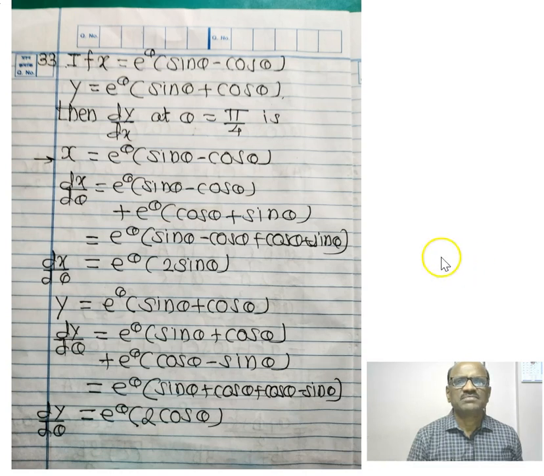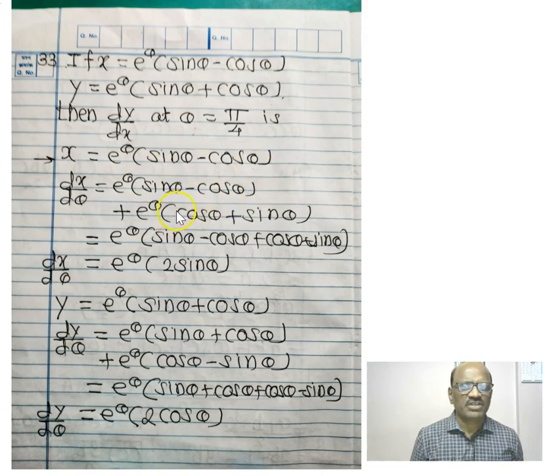Now next question. If x = e^theta (sin theta − cos theta) and y = e^theta (sin theta + cos theta), then dy/dx at theta = pi/4 is, again, a question from differentiation, a parametric derivative. X = e^theta (sin theta − cos theta).